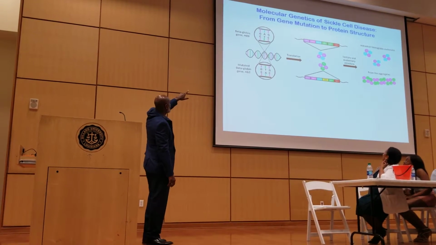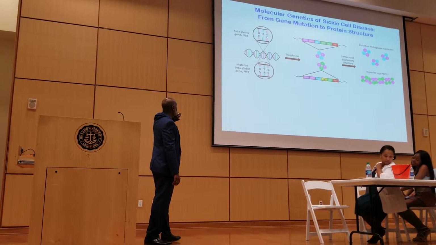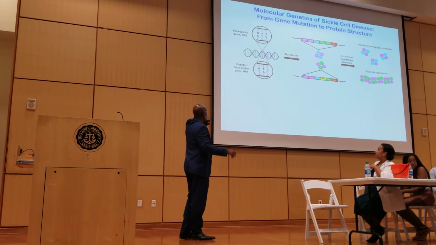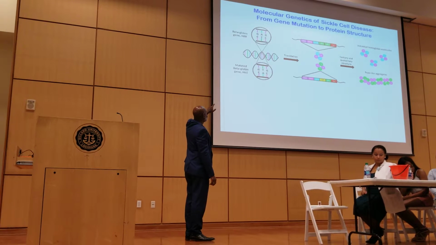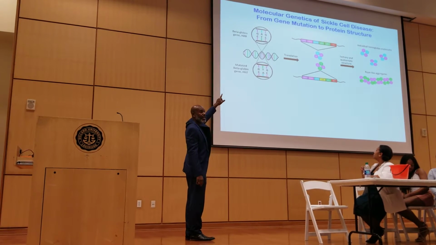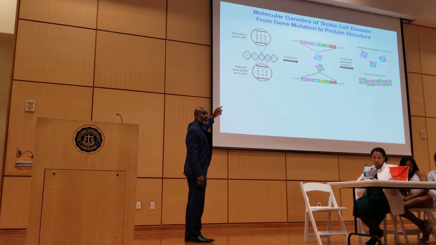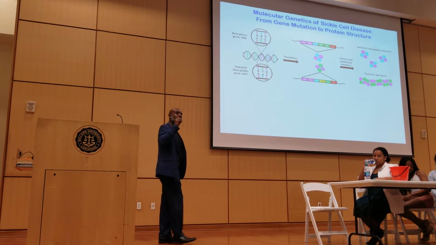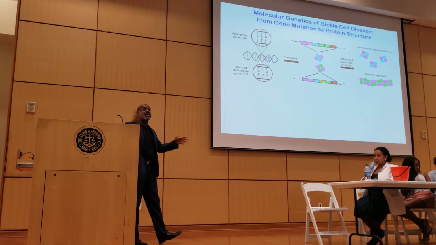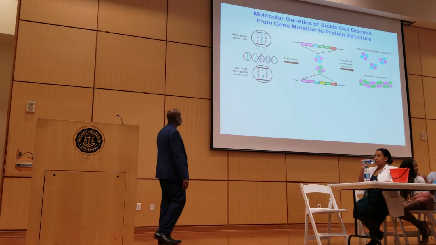If you look at the middle nucleotide, this represents a short segment of our DNA. Where you have an A normally, you have a T in the mutant form. So one letter, one nucleotide, has been changed in the entire molecule of DNA and the entire gene.